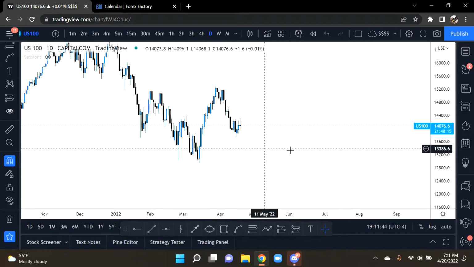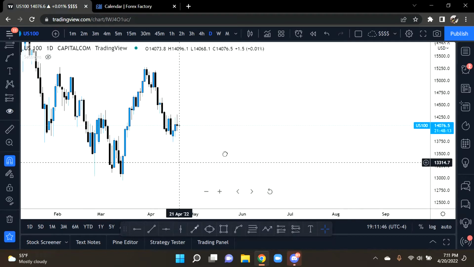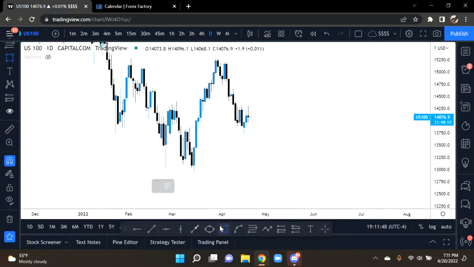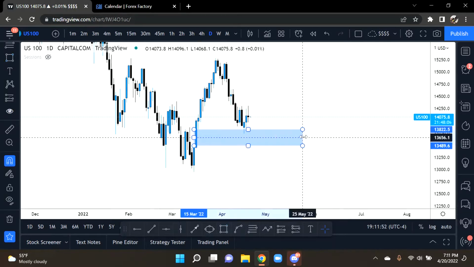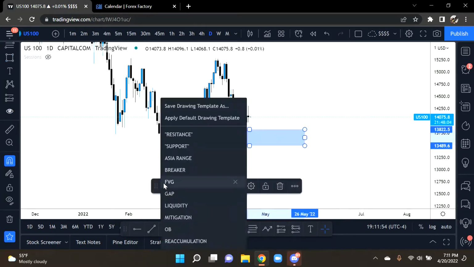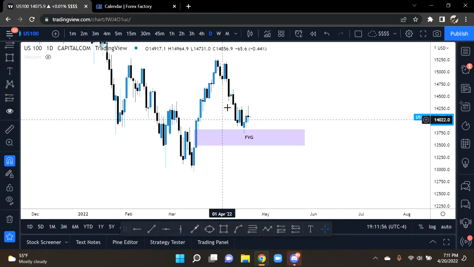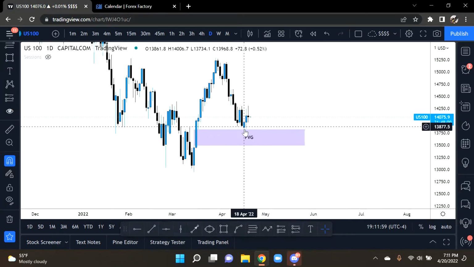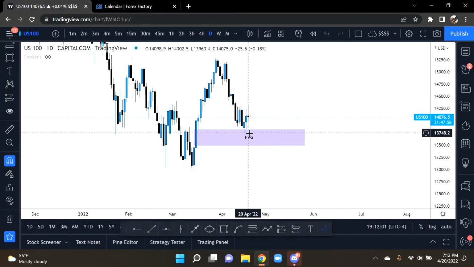For those who have been studying ICT, you would understand what I'm looking at right here. Automatically, I established that this is my fair value gap, where I will be expecting bullish price action once we trade into this to come into the market.